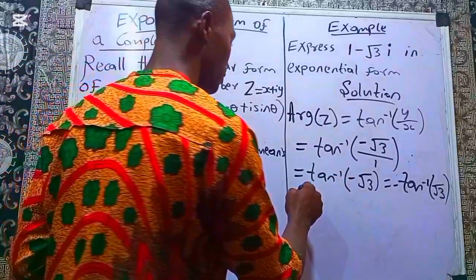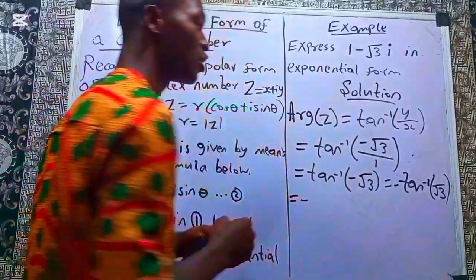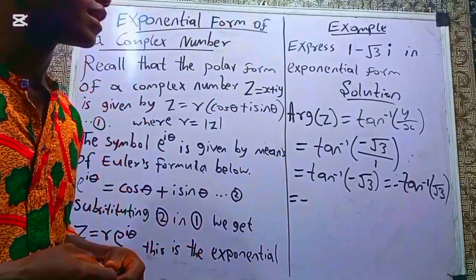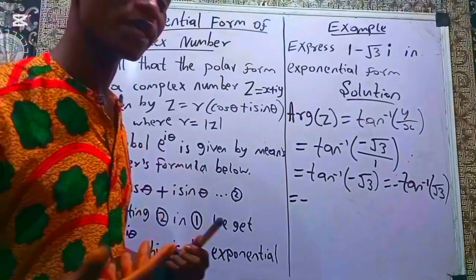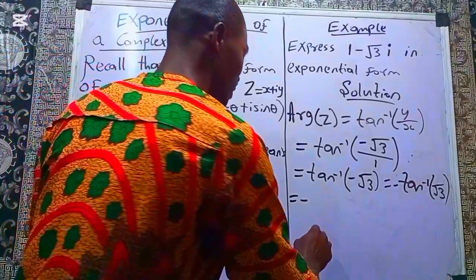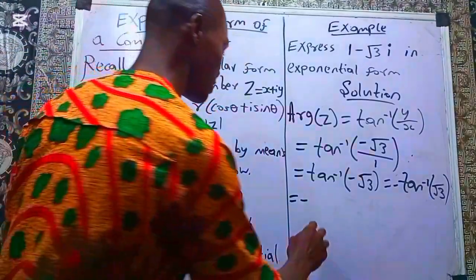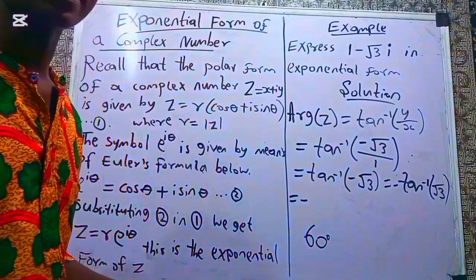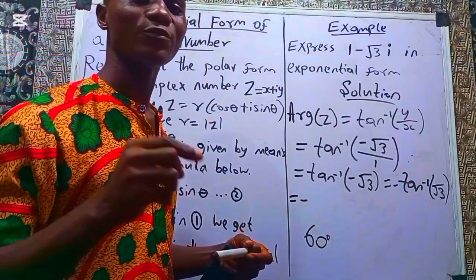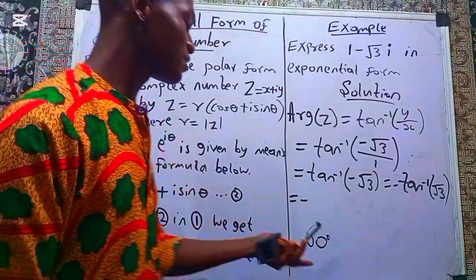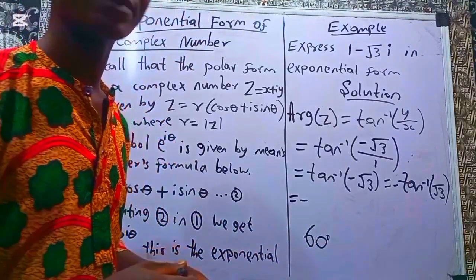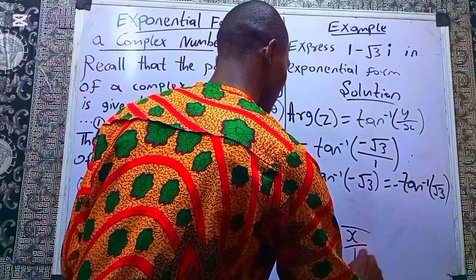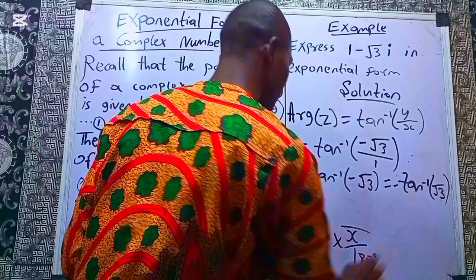So this will be equal to negative. What is tan inverse of square root of 3? In our previous video I told you it is 60 degrees. But our angle must be in what? Radian. So you convert 60 degrees to radian. How do you convert it? Multiply it by pi over 180 degrees.